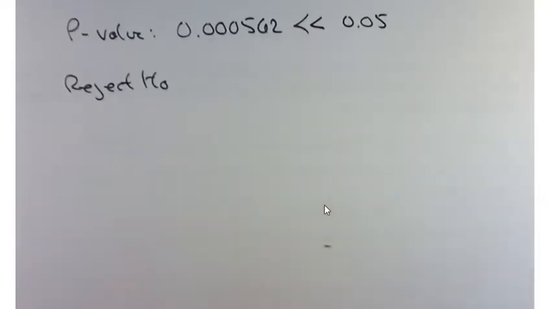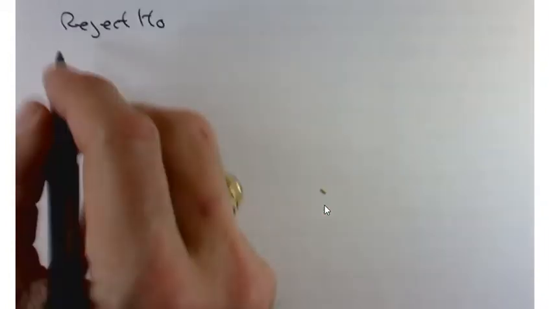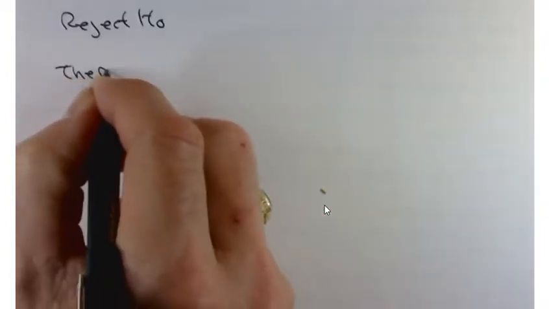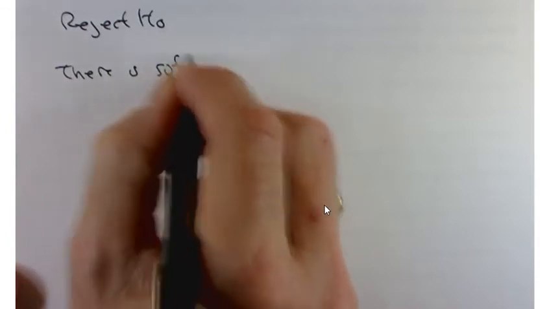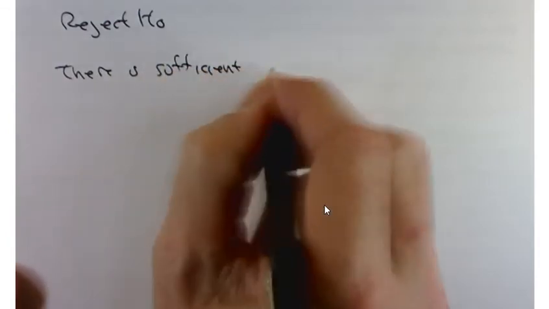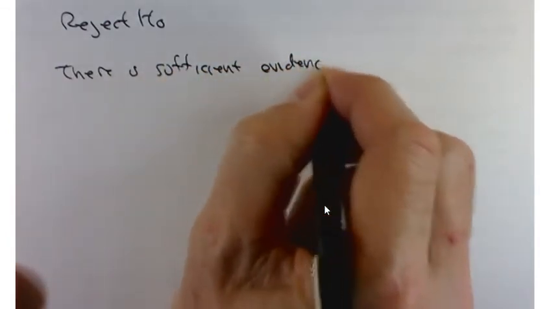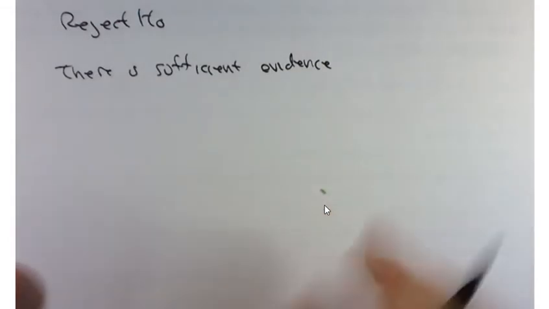So what's that saying? Well, it's saying that there's a difference in these means, that the reading levels are not all the same for all three of these. In words, there is sufficient evidence to reject the claim.